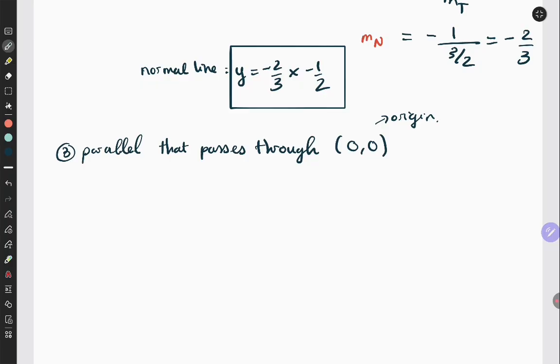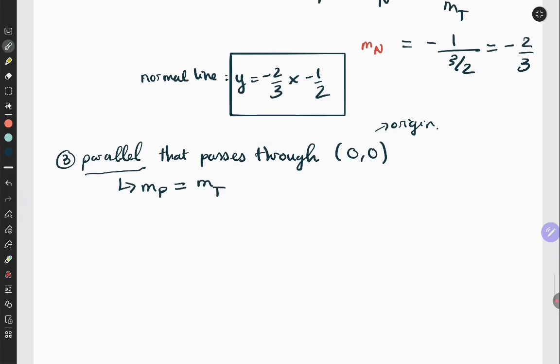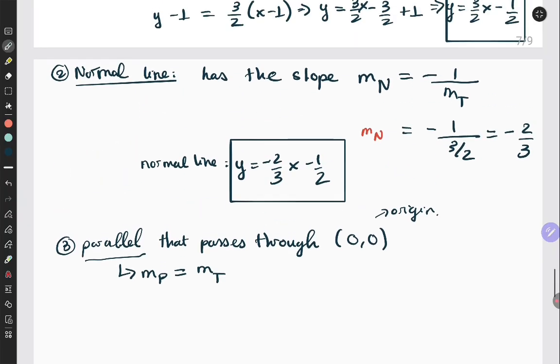Now, the slope of the parallel line is exactly equal to, or the same as, the slope of the tangent line, which you also found above, that is 3 over 2.